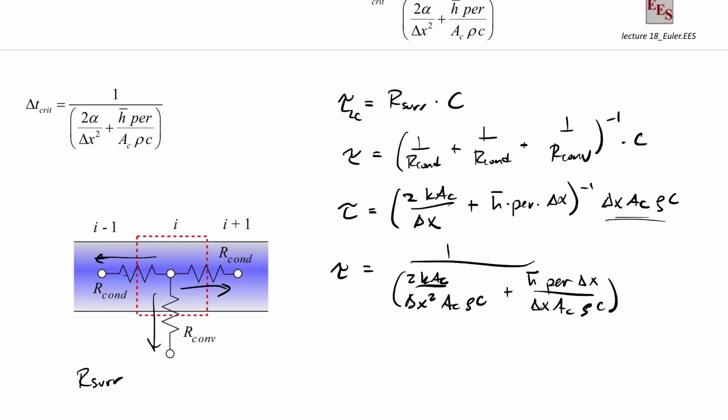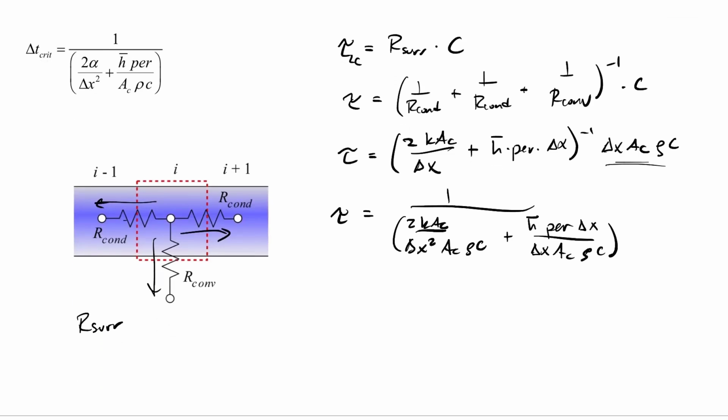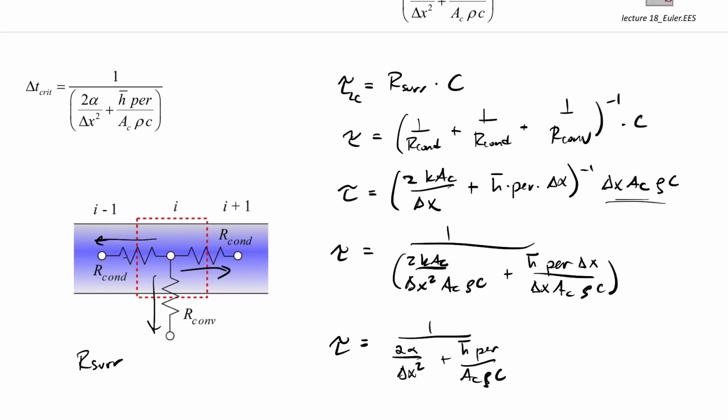And then the last thing is if we simplify this out, we end up with 1 over 2 times alpha over delta x squared plus h bar perimeter over A_c rho times C. Okay, just algebra to get there.